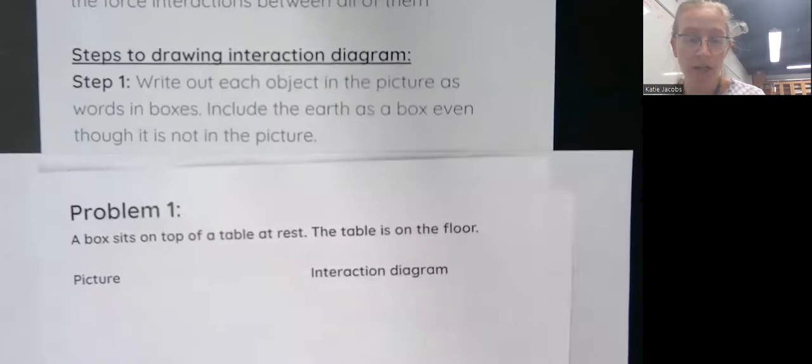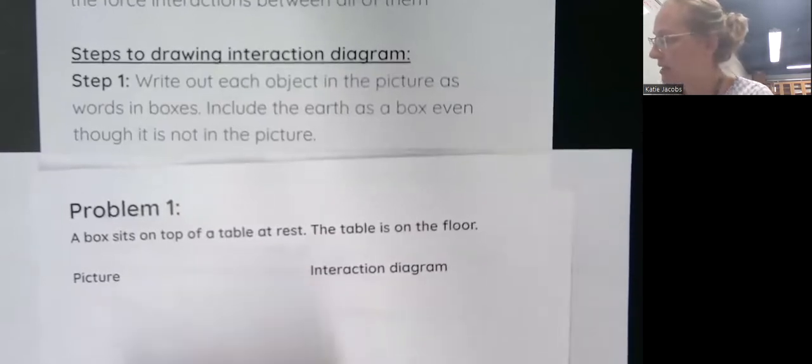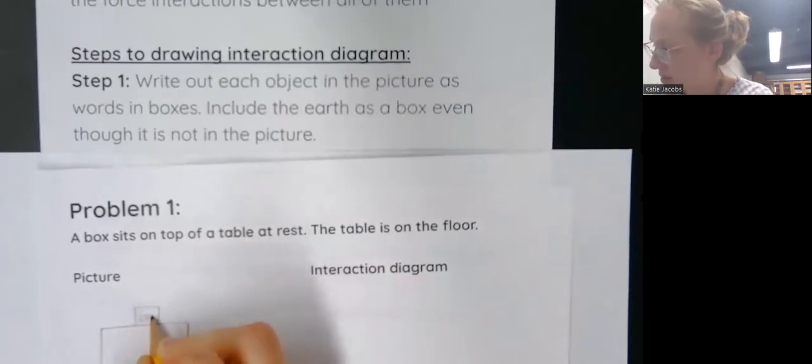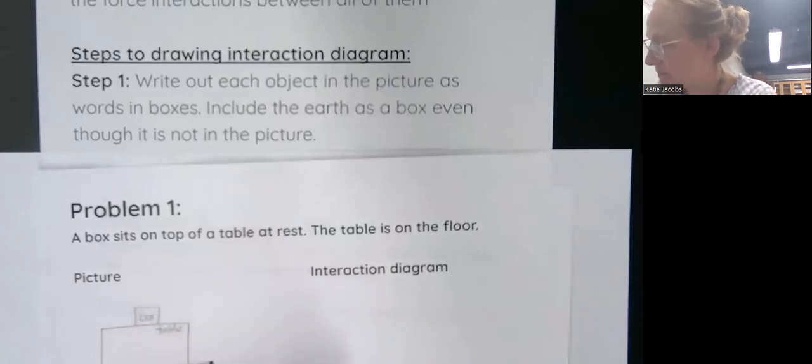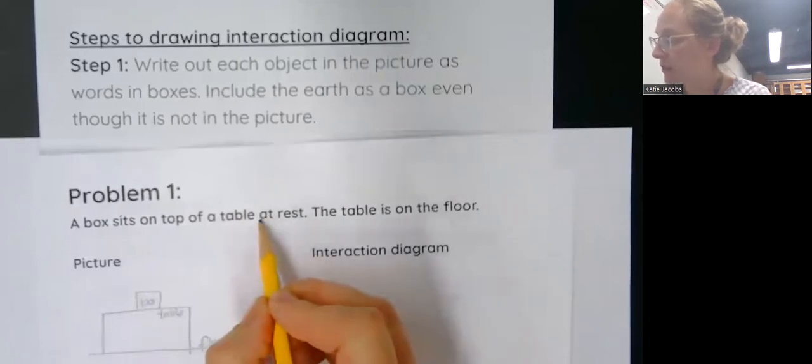So here's my first practice problem. A box sits at rest on top of a table. So I have a table and a box, and I have the floor. Okay, and everything is at rest.